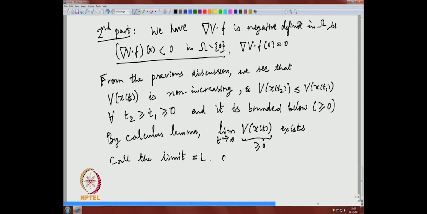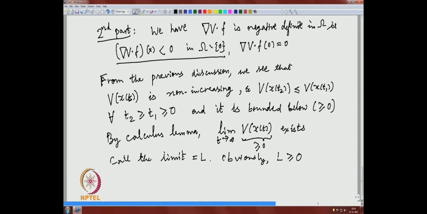So, obviously L is bigger than or equal to 0. Okay. So, we need to show that L equals 0.